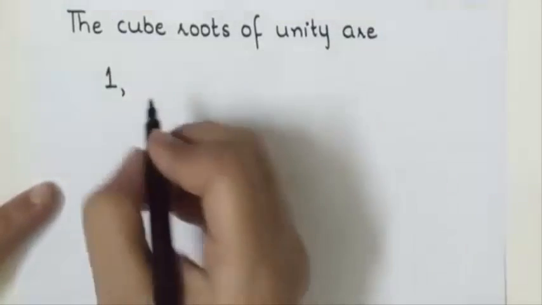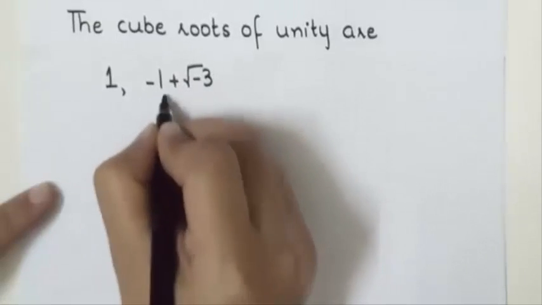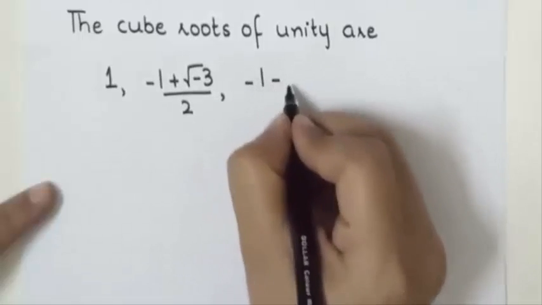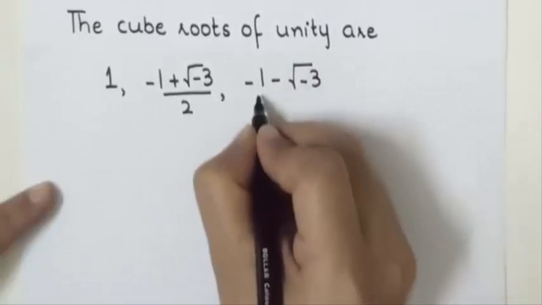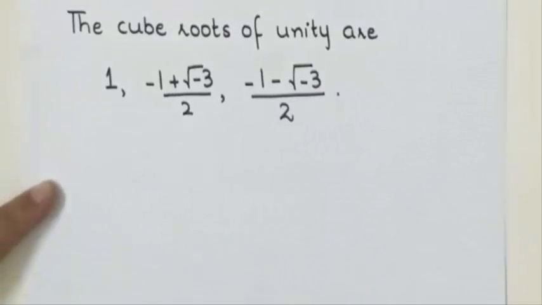Next one we have is (-1 + √-3)/2. Next we have (-1 - √-3)/2.